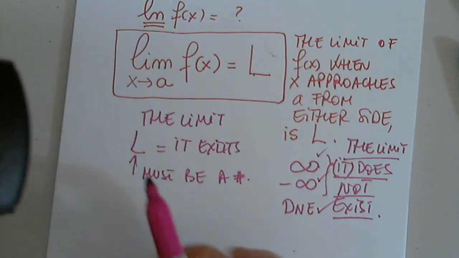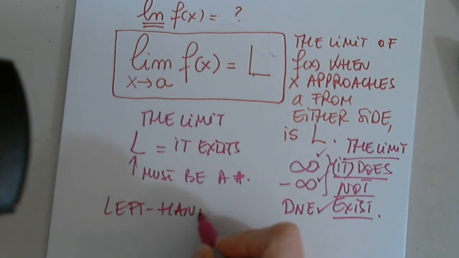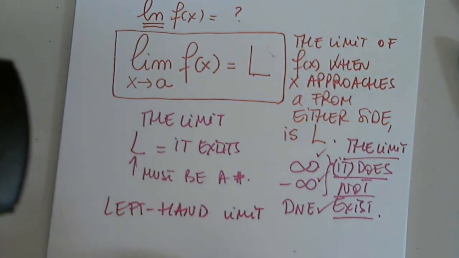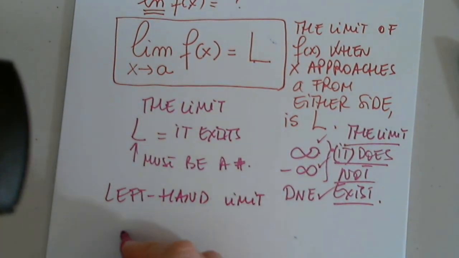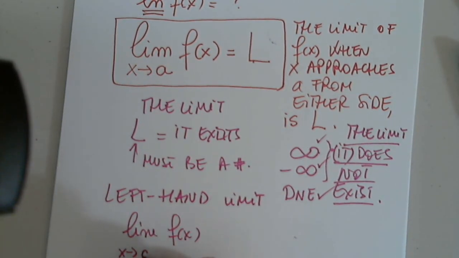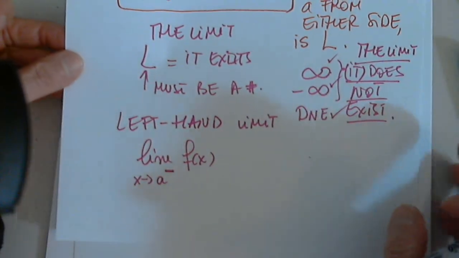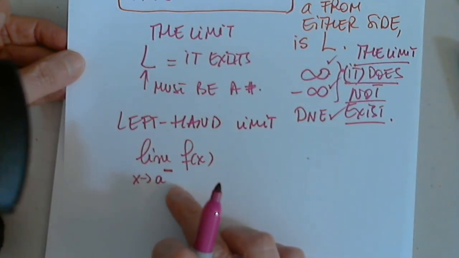We do have something called left hand limit. So the limit of f of x as x approaches a from the left. So it's a power that is minus, which means with smaller values than a. Smaller than a.